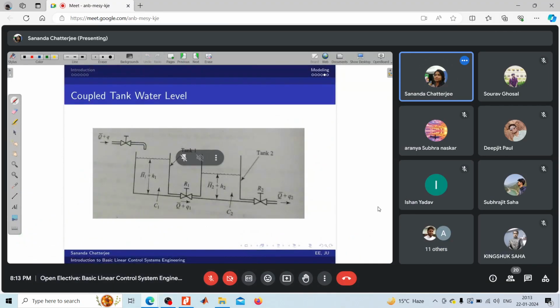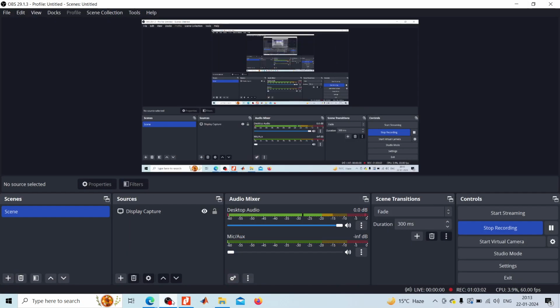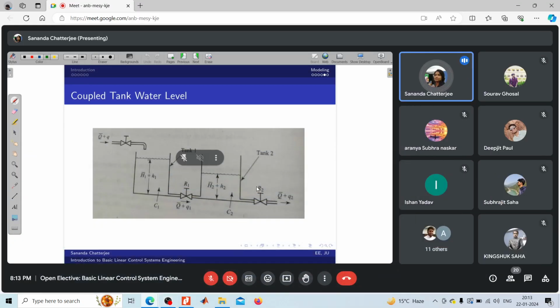So say we extend the problem now to a coupled tank, that means there are two tanks involved. First the input is q bar plus small q, and the height of this first tank is h1 bar plus small h1.